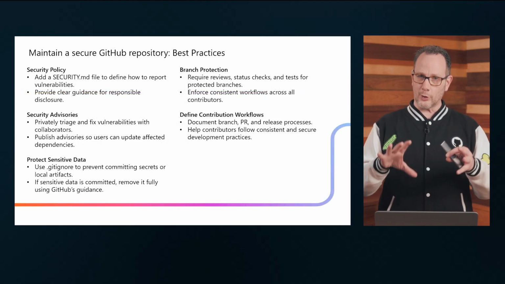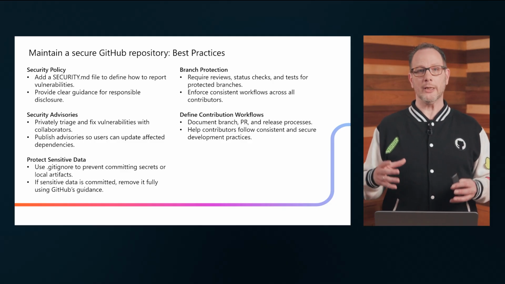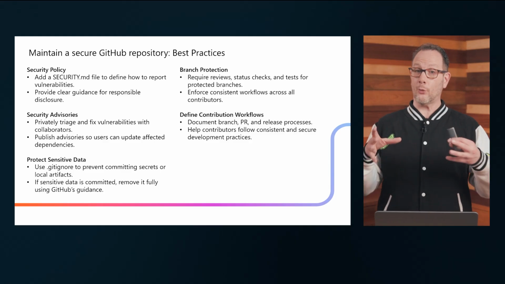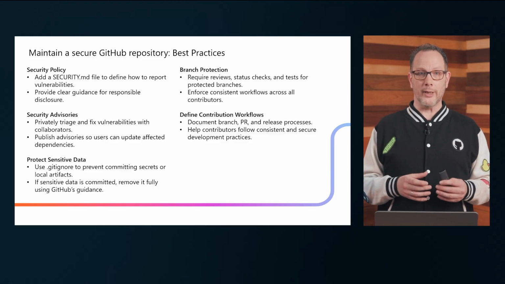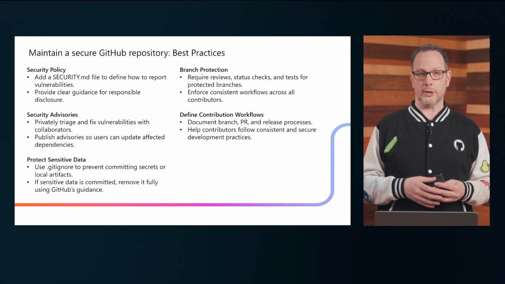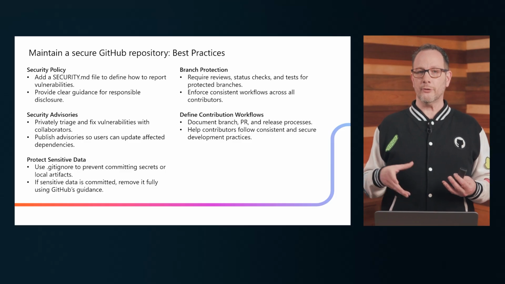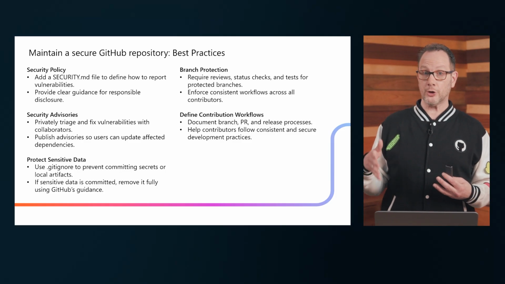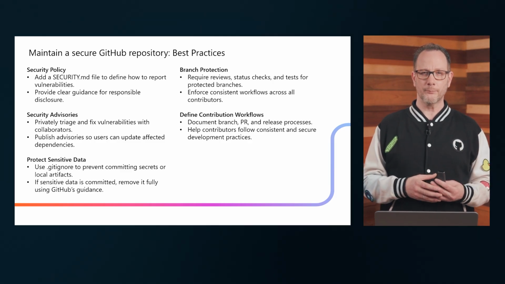Now let's take a closer look at what it means to maintain a secure repository in GitHub. A lot of this comes down to putting the right guardrails in place so your team can work quickly without exposing your organization to unnecessary risk. For example, having a clear security policy gives contributors a structured way to report vulnerabilities in a responsible way.